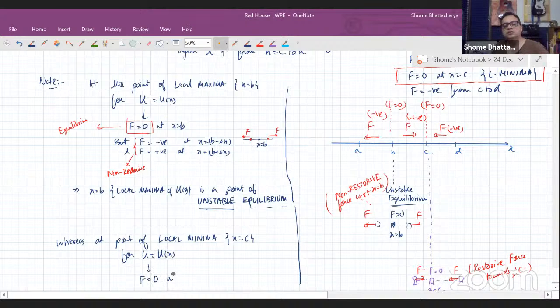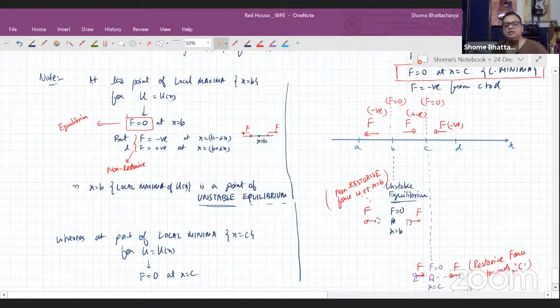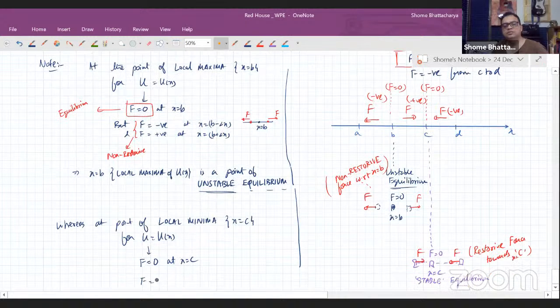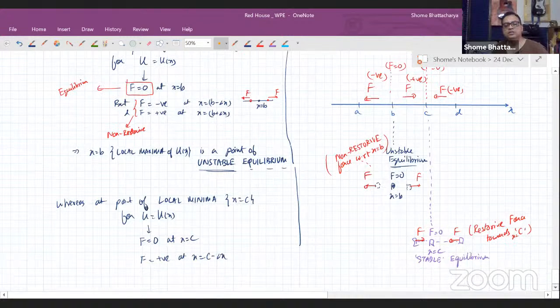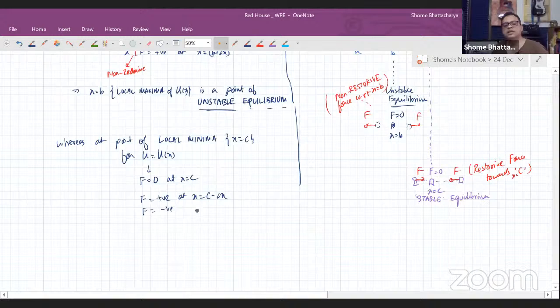Force is 0 at x equal to c, but as you can see, force is positive at x equal to c minus delta x, and force is negative at x equal to c plus delta x. So at the point x equal to c, force is 0, but before it, at a point like this, the force is positive. After it, at a point like this, the force is negative.